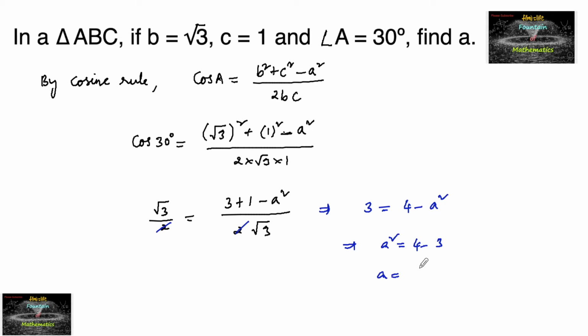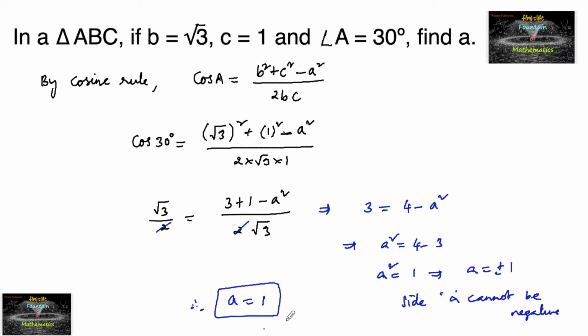So a square is equal to 1, which implies a is equal to plus or minus 1, but since here a is a side, a cannot be negative. Therefore a is equal to plus 1.